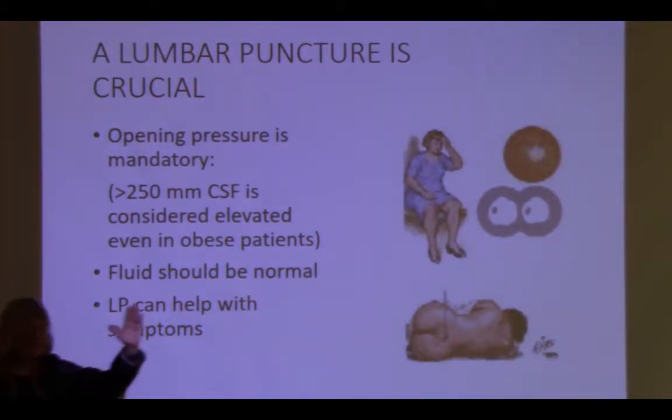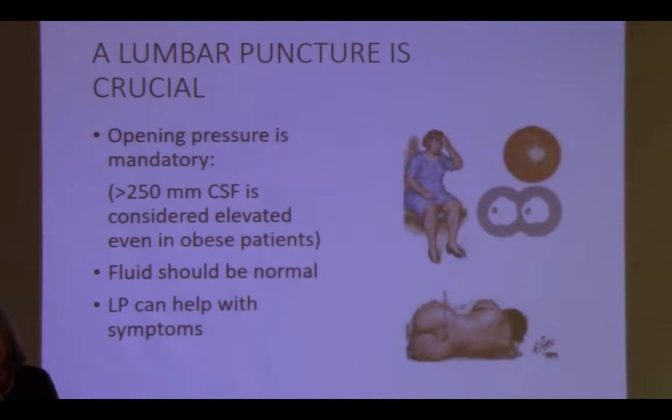So first it's the history, to ask all those questions. The second thing we have to do is image people, because we've got to know what's going on inside the brain. And the third thing we have to do is a spinal tap. Now, a spinal tap is done in a supine or a lateral decubitus position. In other words, you lay on your side.